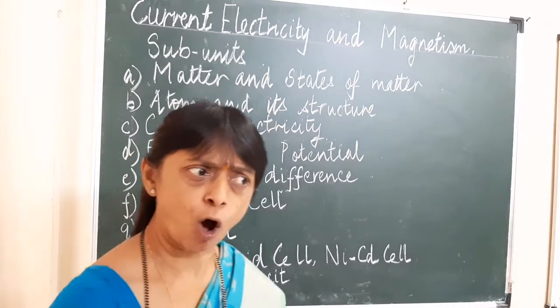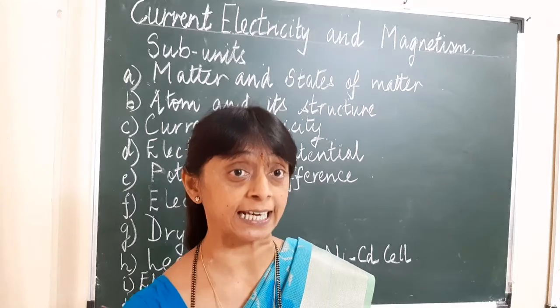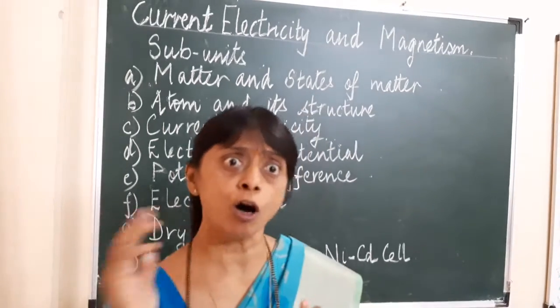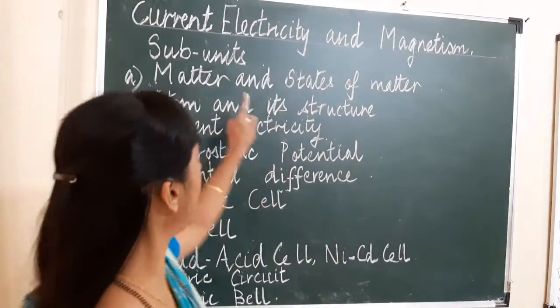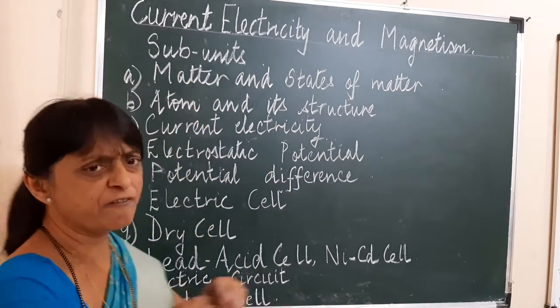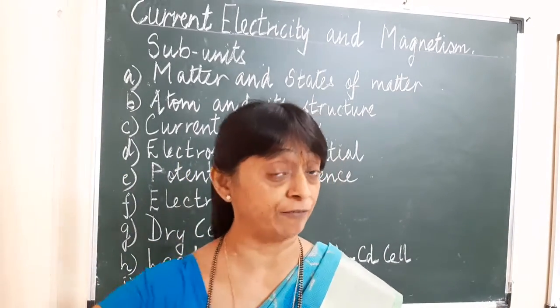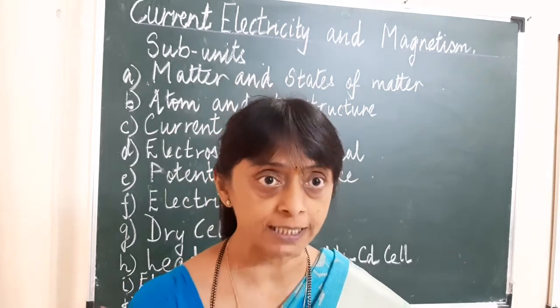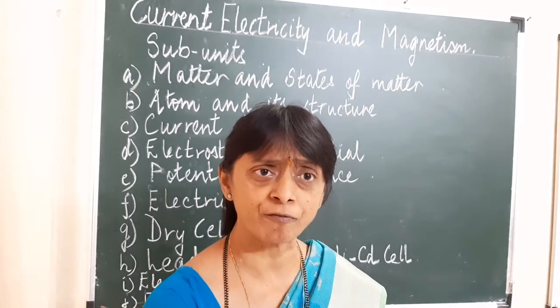Now let's understand that all these things around us in the environment, even though they are categorized into living things or non-living things, they are all made up of matter. So what is matter? Matter is everything around you children. Every living thing and every non-living thing is made up of matter. What are the different examples that are made up of matter?